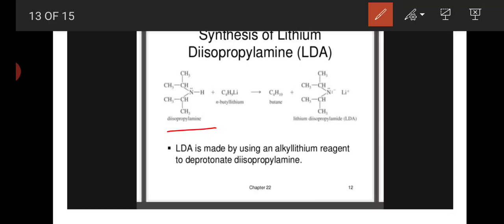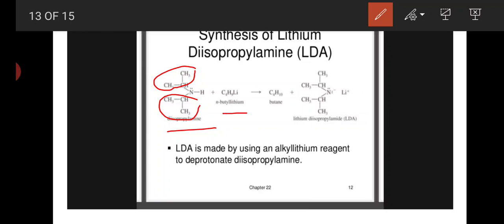Here this is diisopropylamine. These two are the isopropyl groups, CH3, CH3. These isopropyl groups are present on the amine functional group, so it is called diisopropylamine. Diisopropylamine reacts with n-butyllithium.